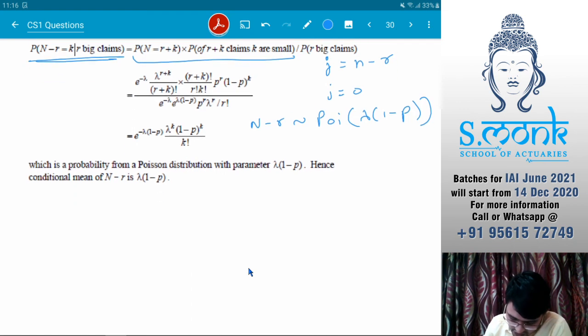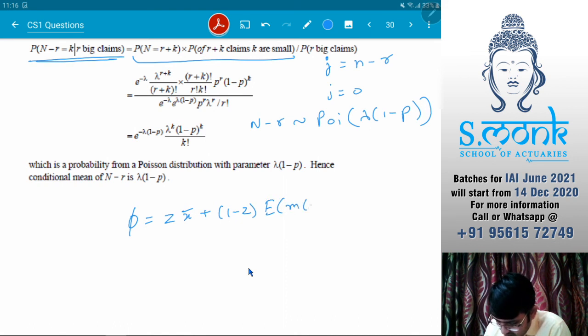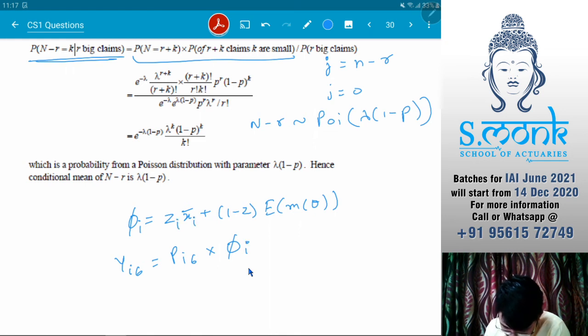So always remember your phi would be equal to z into x bar plus 1 minus z into expected value of m theta, and your Y I for the next year, like in 6, would be nothing but pi 6 into phi of different I, because we'll have different z's.